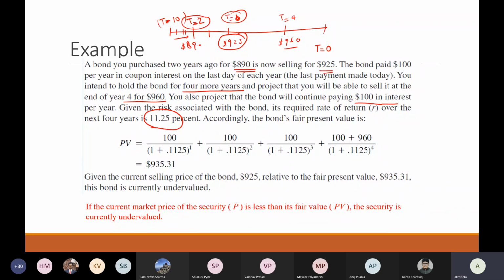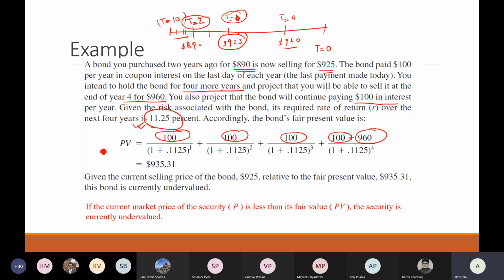Because you know more or less what kind of cash inflow will be there. You know your expected return or required rate of return or cost of capital, there are various terms. You know every year for the next 4 years, $100 is going to be your income because of the stated coupon. And you also expect that you will be able to sell at 960.